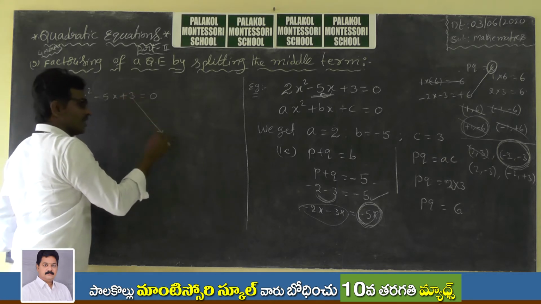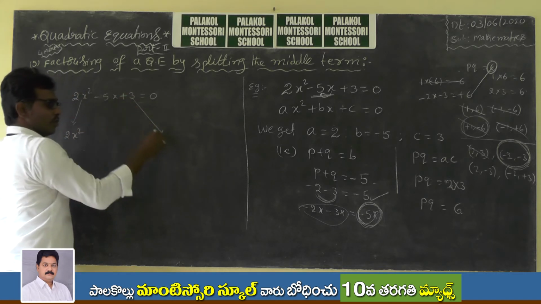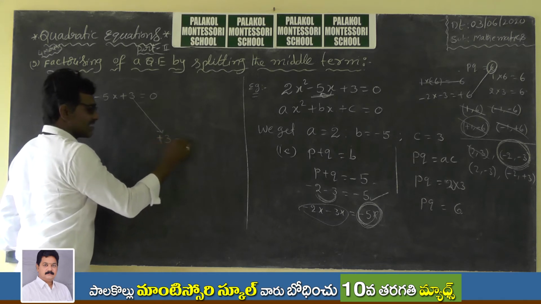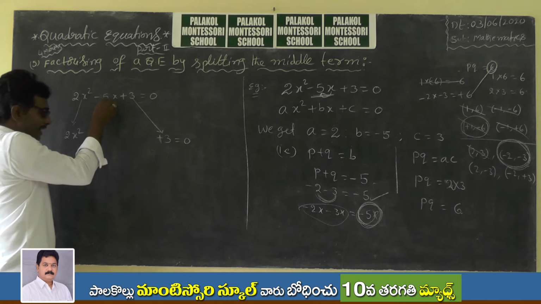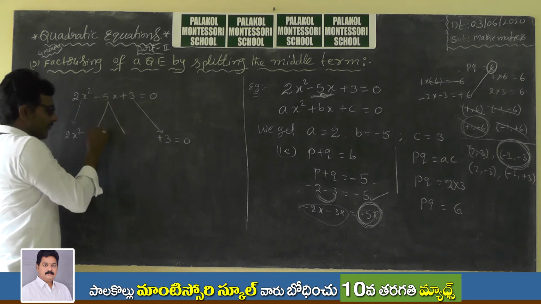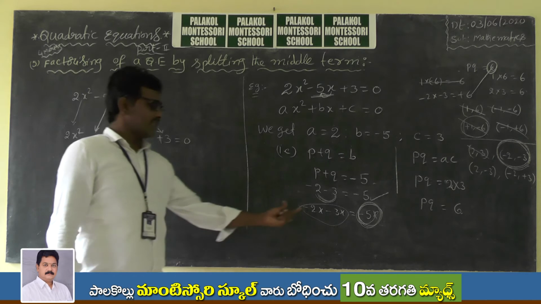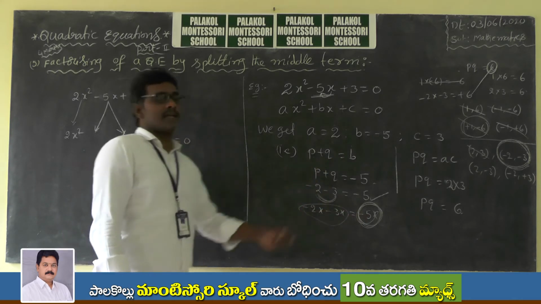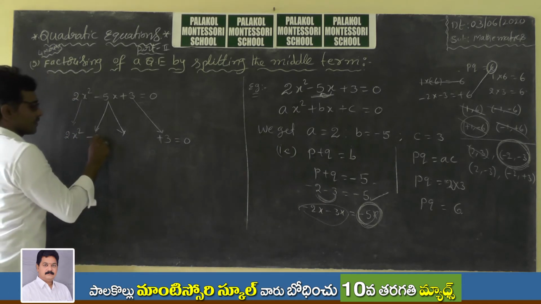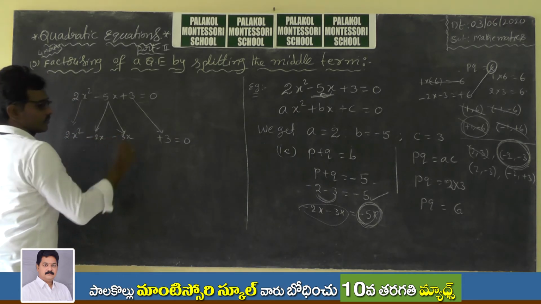And your last one, that means the constant term, you bring down as it is, don't change it. You split the middle term, which you have already framed, that is minus 5x, split into minus 2x minus 3x.